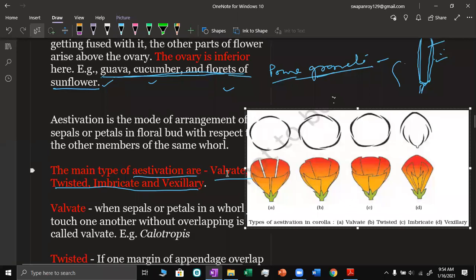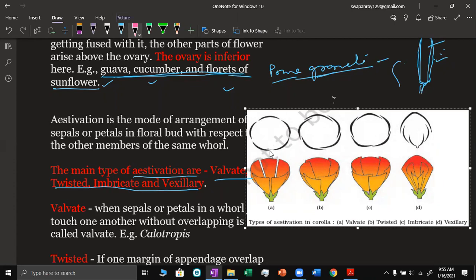So this is valvate, number one. Here the diagram is showing the petals and their arrangement: the margins are not overlapping, they are just meeting each other.